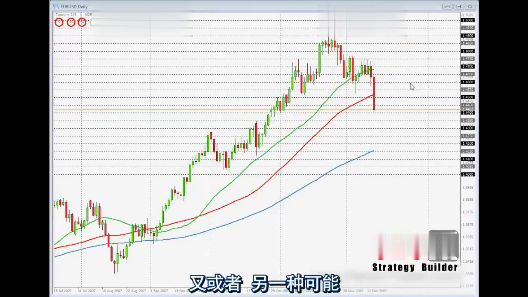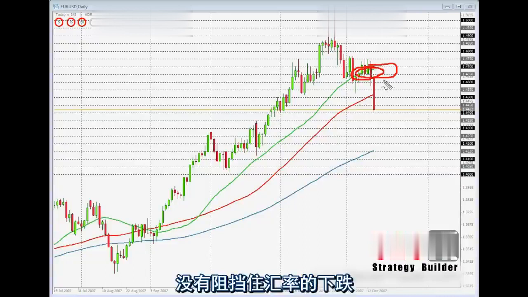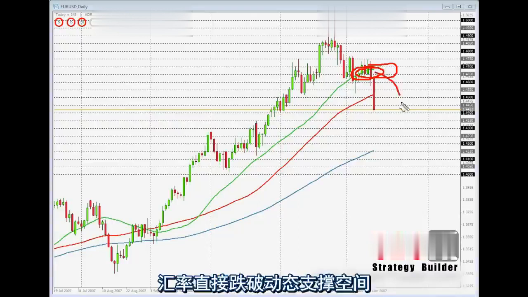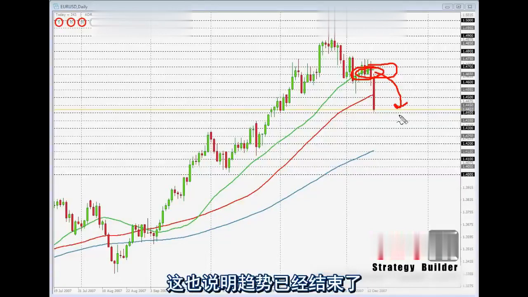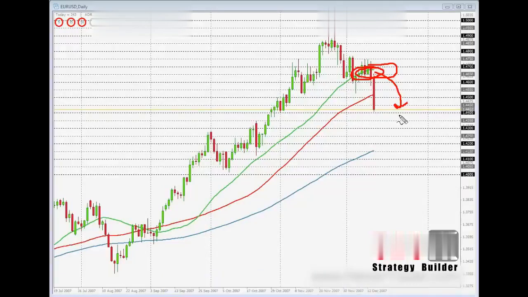Or the other possible outcome is that the dynamic area of support doesn't hold the retracement, the bulls fail to show up, and price breaches the dynamic area of support, in this case since we're in an uptrend. Therefore, it's a clear signal that the trend is weakening.